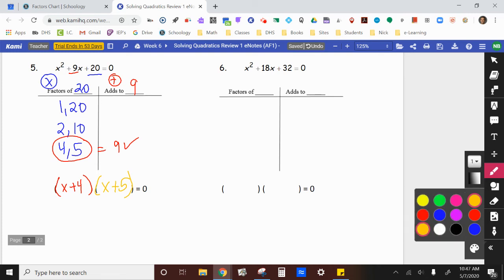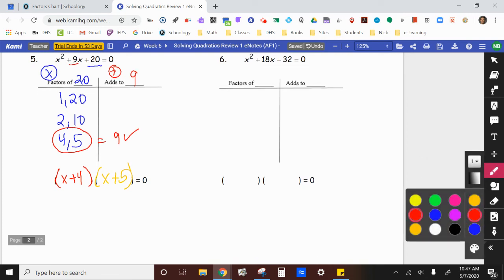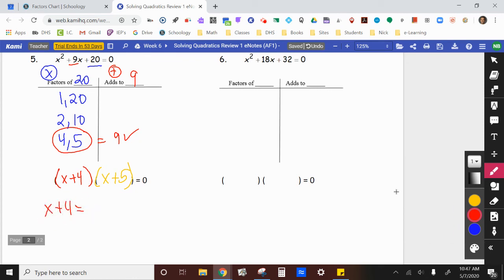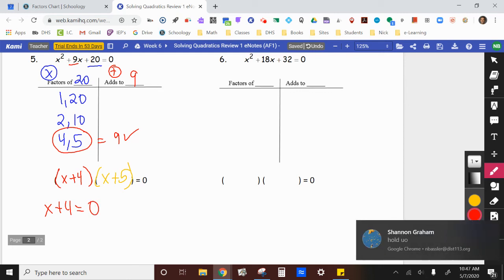Now that I factored it, I have to solve it. We're still not done yet because we have to set each one of our products equal to 0. So we get x is equal to -4.